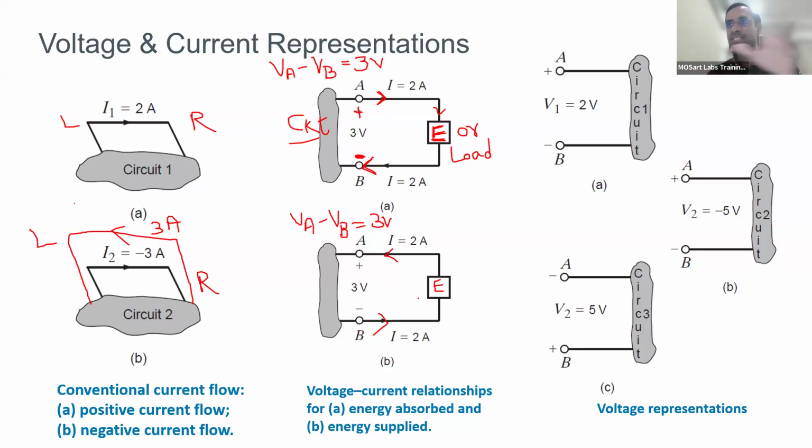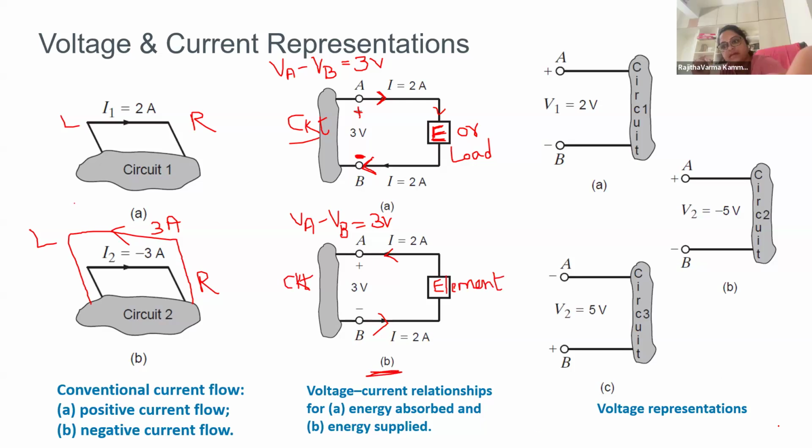Here, which is the main battery, which is the good battery? In the bottom side, which is the good battery? Is this a circuit or is this the element? In the bottom diagram.